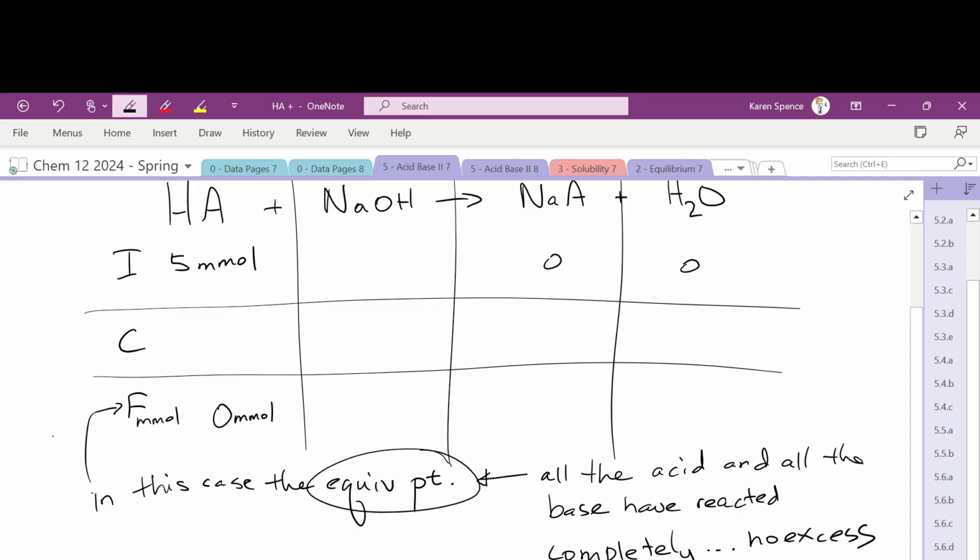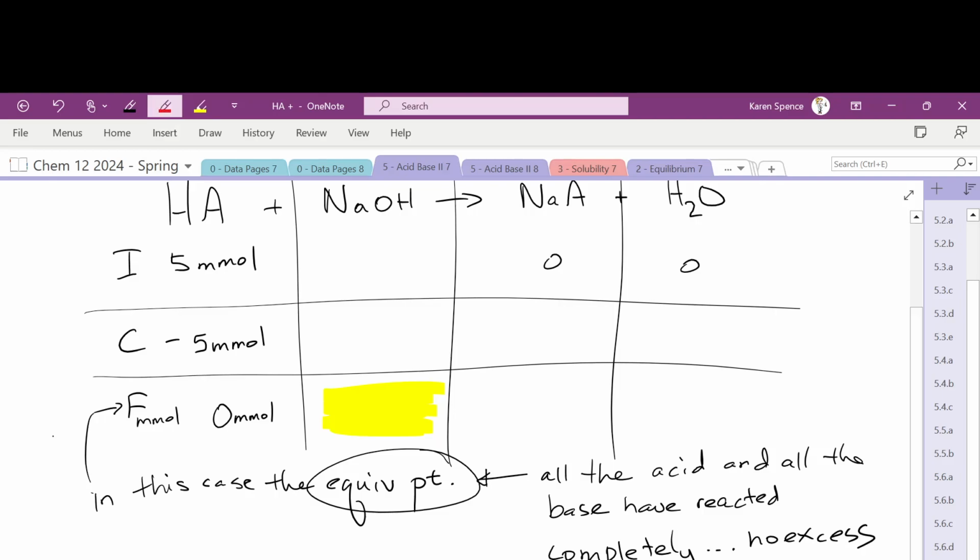How much did we need to use up in order to get from 5 to 0? We needed to use up 5 millimoles. Now, how much NaOH should we have at the equivalence point? We should have 0 because it is all gone.